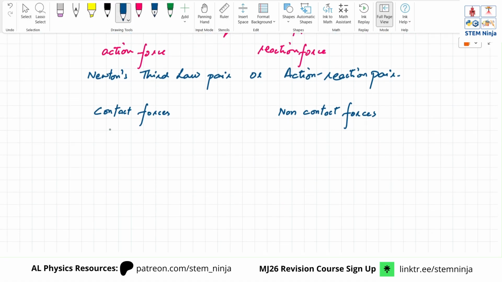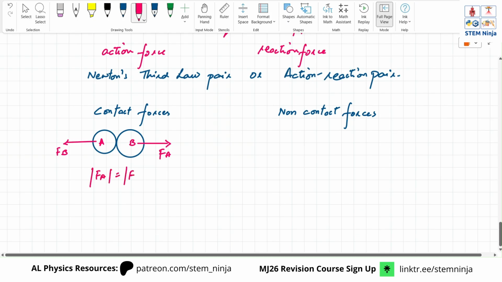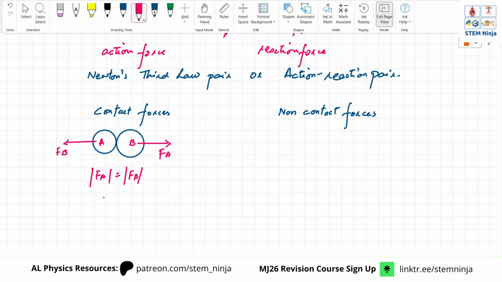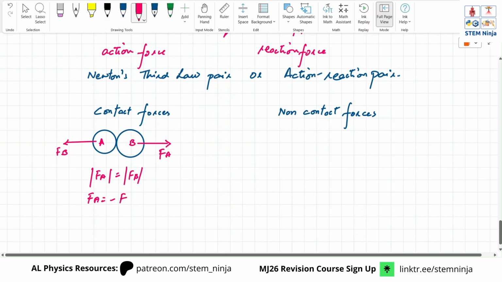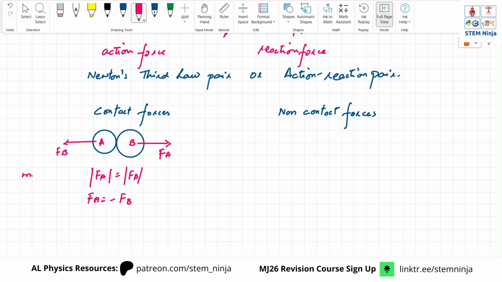Contact forces, for example, are when two bodies are colliding or interacting with each other. So this is body A, this is body B. Body A exerts a force on B, we'll call that FA, and body B exerts a force on body A, like this. So they will be equal in magnitude, but opposite in direction. So we can say that FA would be equal to minus FB. So this effectively describes the magnitude and the direction part.